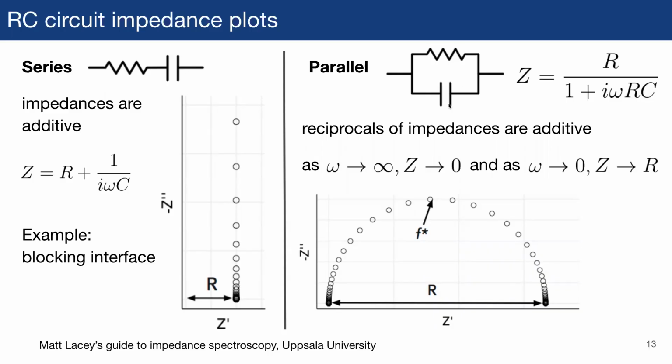Now this sort of circuit component is quite common in equivalent circuit modeling, because like I said, this can model something like a grain boundary, where a grain boundary can have a charge transfer resistance as well as a certain level of capacitance, and those things happen in parallel with one another.